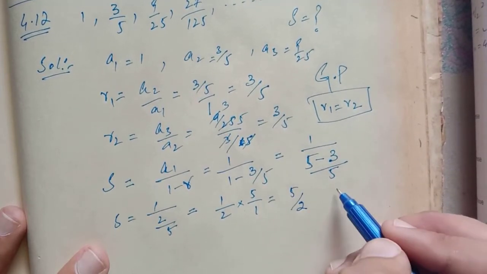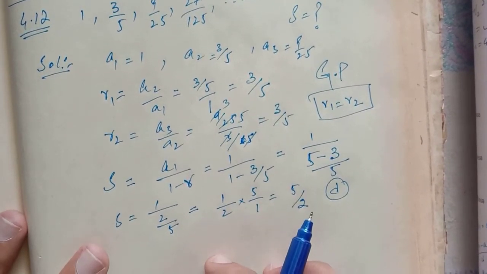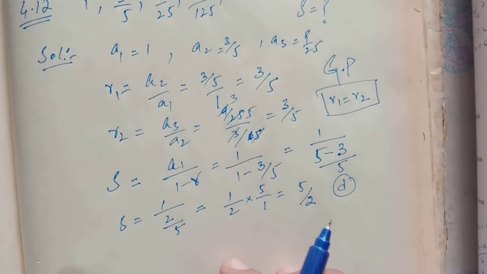The answer is option D. So this is the sum of the infinite series.